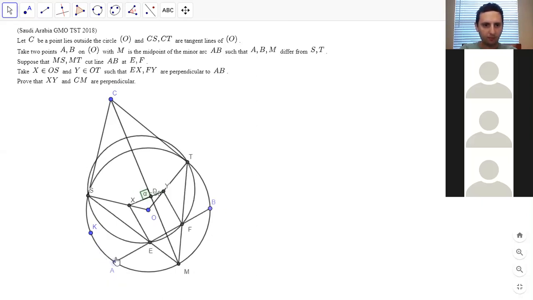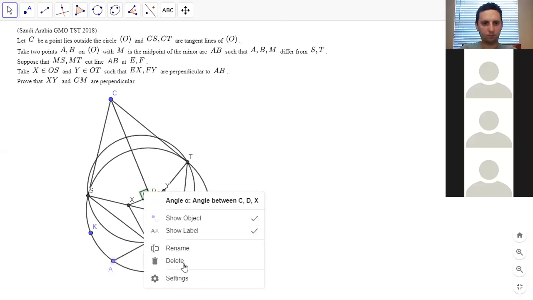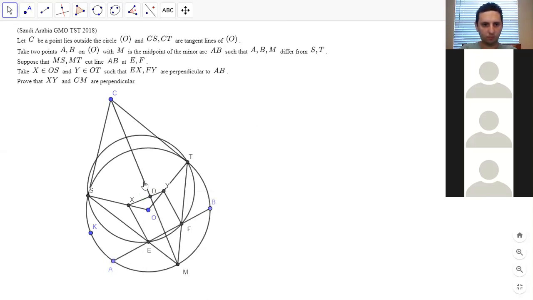Sorry, Michael. Is the triangle SEX and YTF isosceles? SEX and YTF.